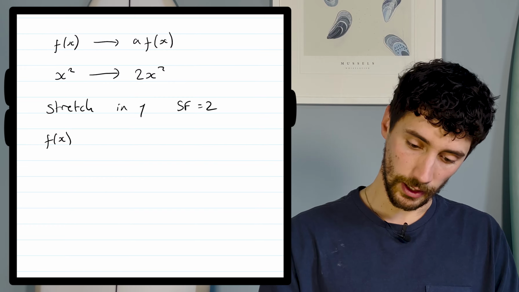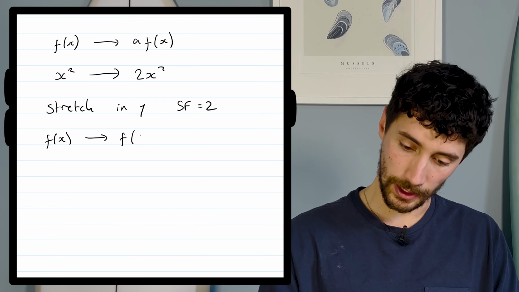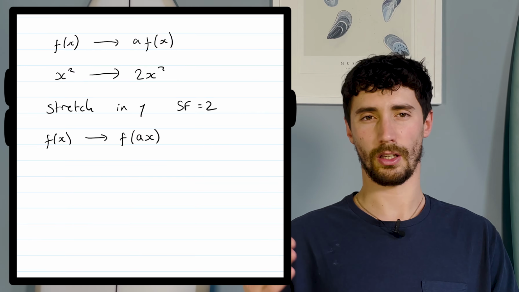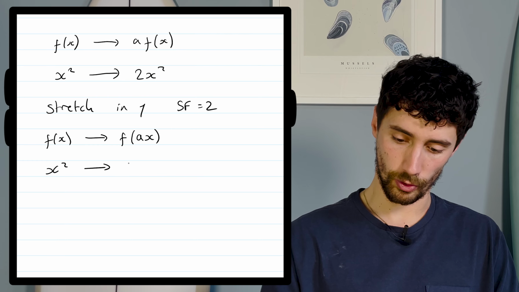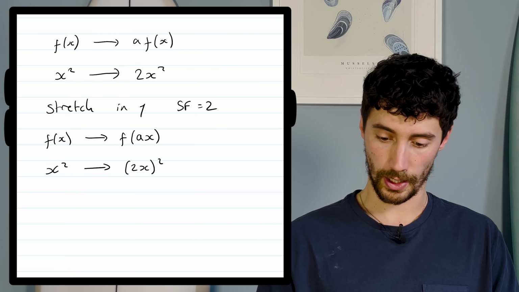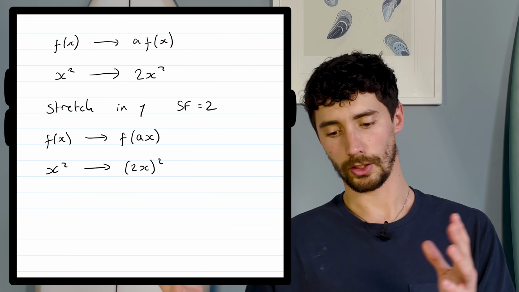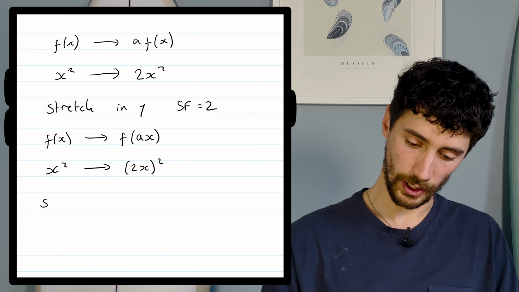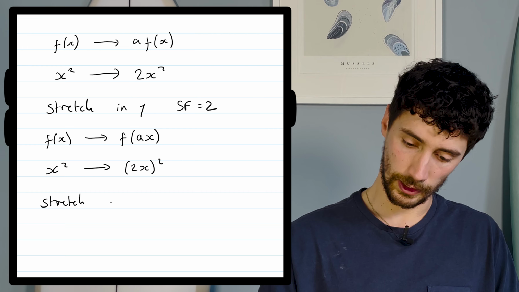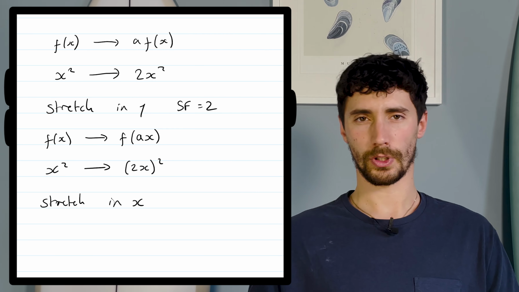Now moving to the x, if I multiply my input by a factor a, for example, x squared goes to 2x squared, we are now looking at changing the input, we are now looking at the x direction. So this is a stretch in the x direction. What is the scale factor?